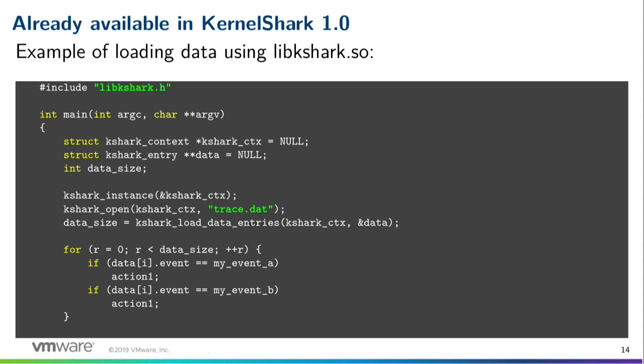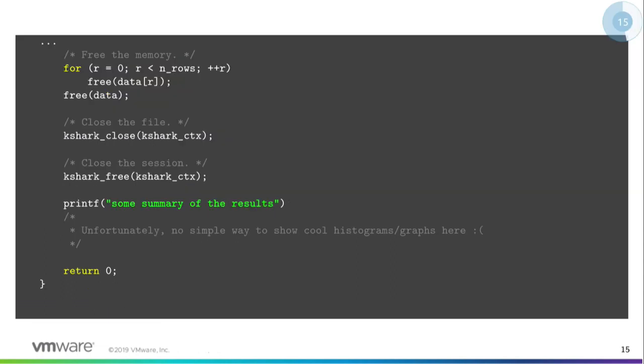Again, this part here is not real code; that's just to fix the idea that you loop over the data. The difference compared to Python is, first of all, you have to clean up. That's your responsibility. Here in C, you can print the summary of your results, but unfortunately, there is no easy way to draw histograms or graphs or things like this. That's a weakness.